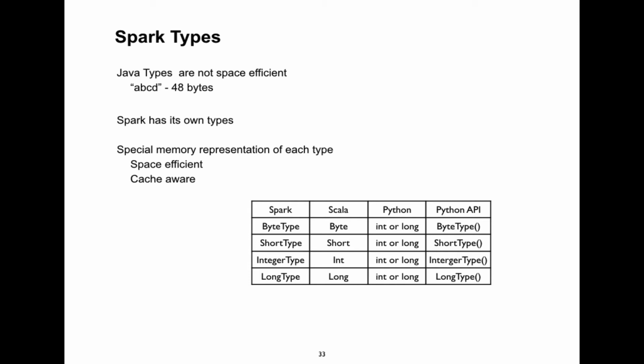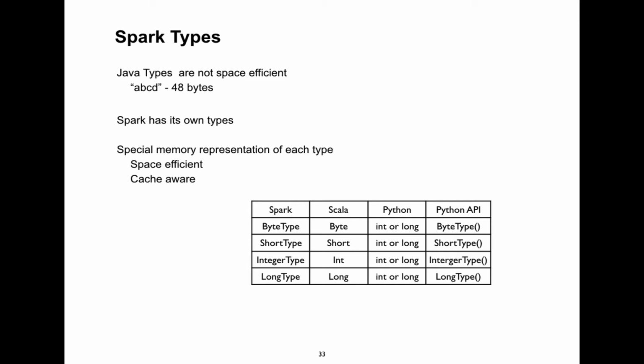Another issue is, Java was designed as a general purpose programming language, right? And so the data types, the way you represent them in memory, were optimized for that use case. But Spark's use case is very specific.